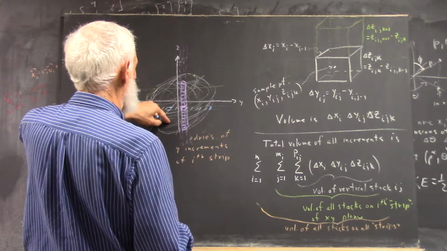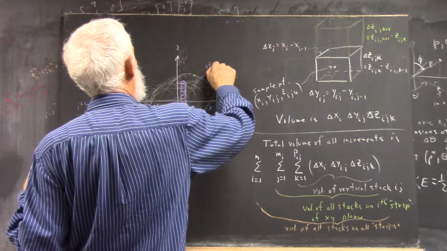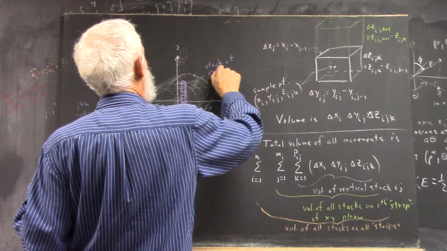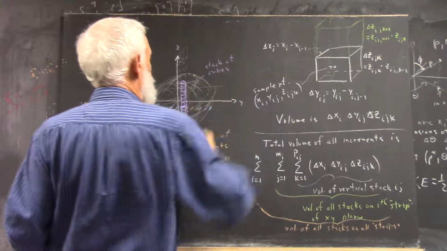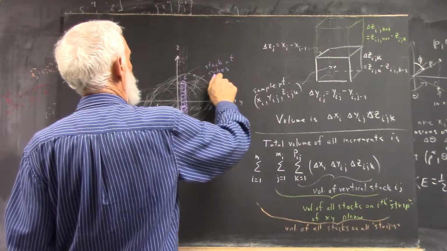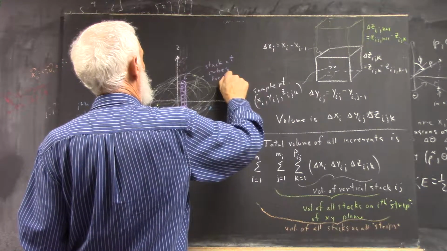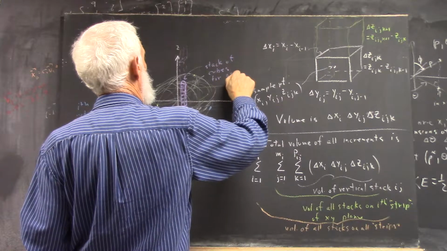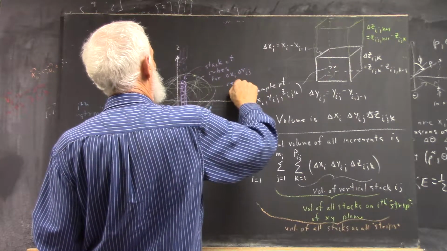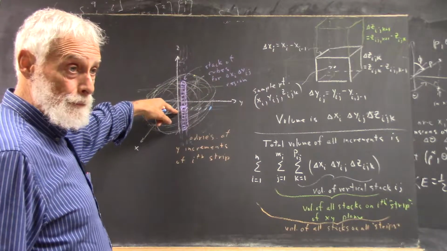So here we have our stack of cubes for the delta xi, delta yj region of the plane.